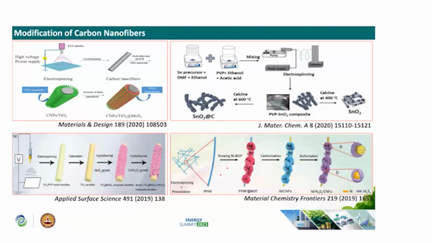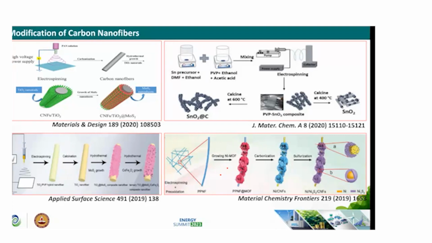In the second scheme in this slide, they have used a tin precursor mixed with polymer as an electrospun precursor for preparation of polymeric fiber and then subjected it to thermal treatment to form tin oxide nanoparticle decorated carbon nanofiber. Like this, several nanomaterials have been successfully utilized or modified over the carbon nanofiber and used in a broad range of applications.